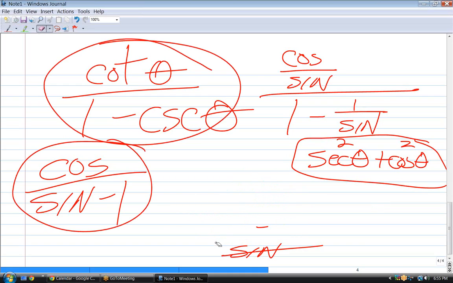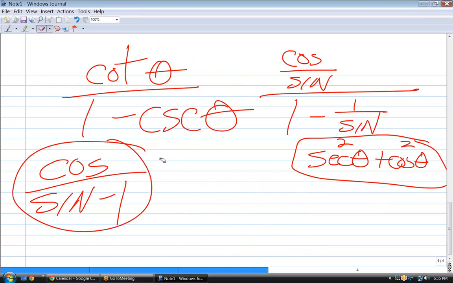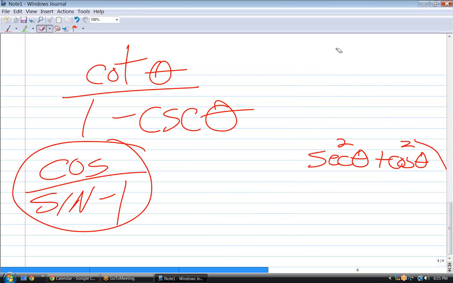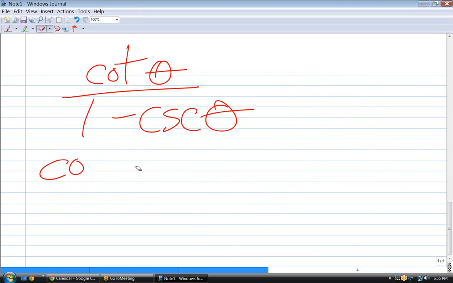Okay, well, there's more than one way to skin this cat. Secant squared theta. Well, I can get that probably by turning the cotangent into tangent. I multiply the bottom by the conjugate.